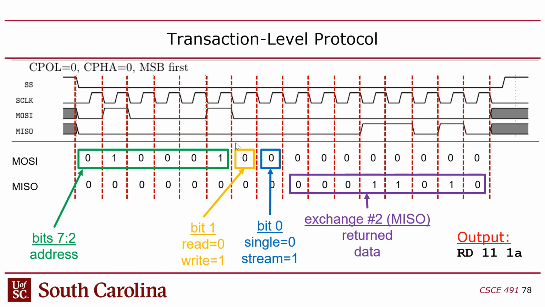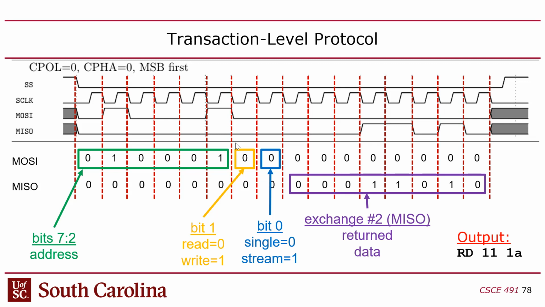Okay, so now in this case, we're not doing a stream. Here's an example where we send an address, which is 6 bits, and we want to print this address in hex. But hex is groups of 4 bits. So when you convert this to hex, you have to group 4 bits starting from the right and moving to the left.